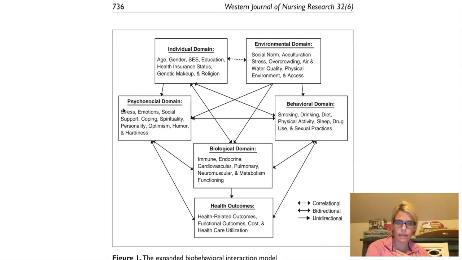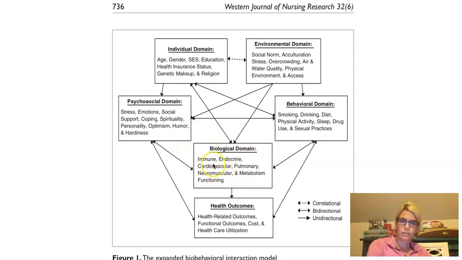So for me, that's what I did. I put loneliness. Loneliness is the psychosocial domain that I was most interested in. And you can tell by these arrows that loneliness could interact with other variables, or it could just directly influence the biological domain.